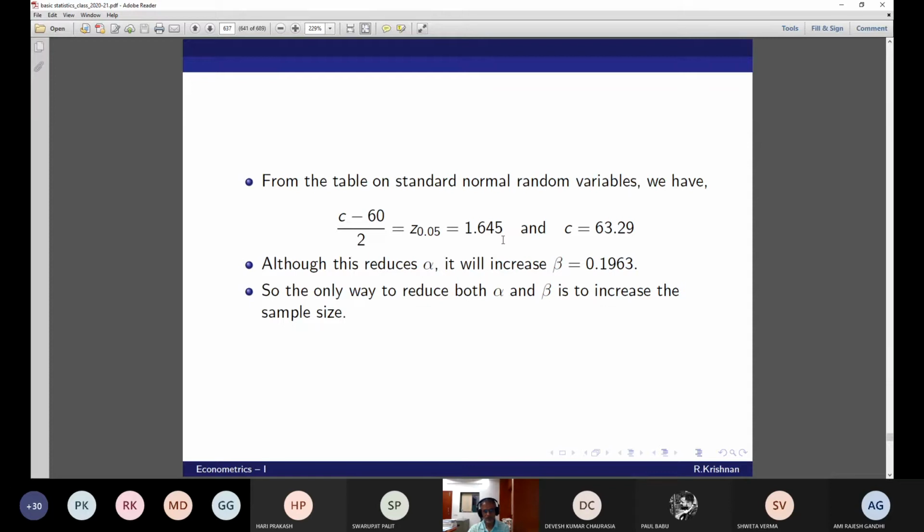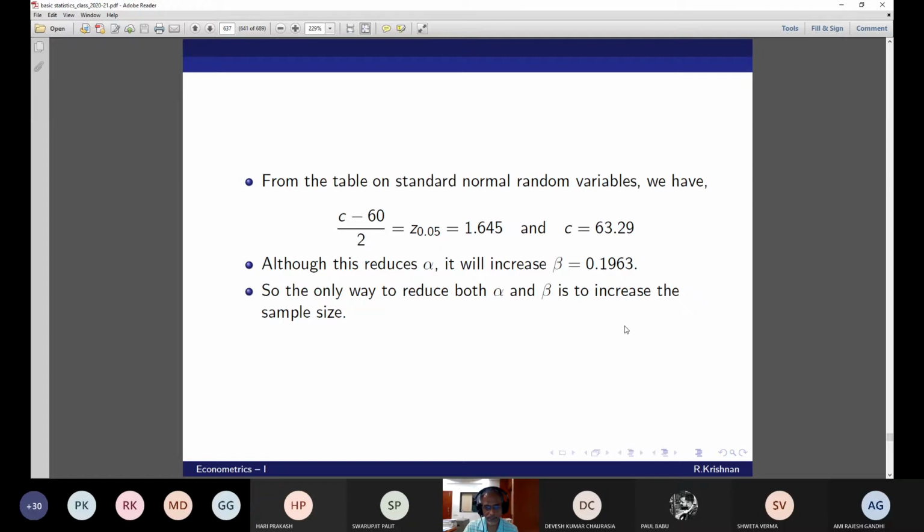That is 1.645. This should be available in any standard normal table. And from here, we can see c equal to 63.29. So the critical region now expands, with c equal to 63.29. Although this reduces alpha, you calculated beta to be equal to 0.1963.